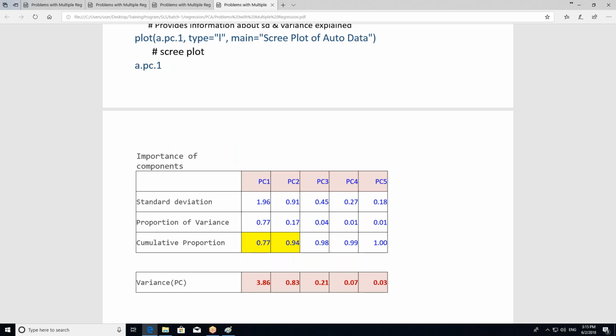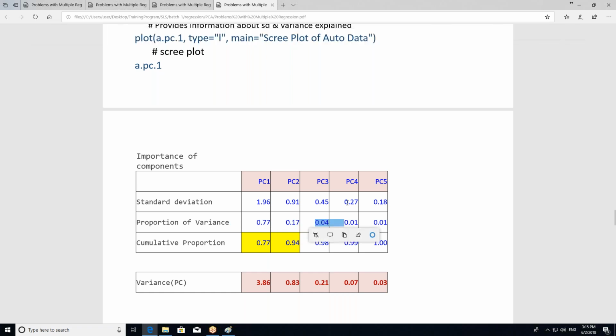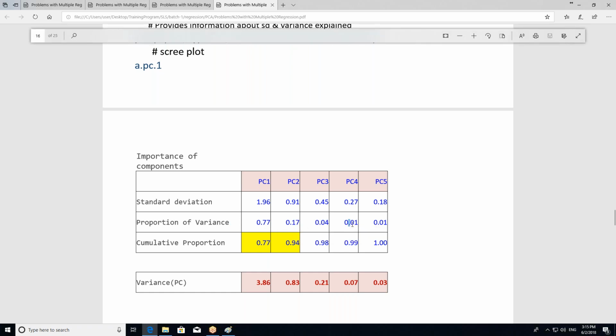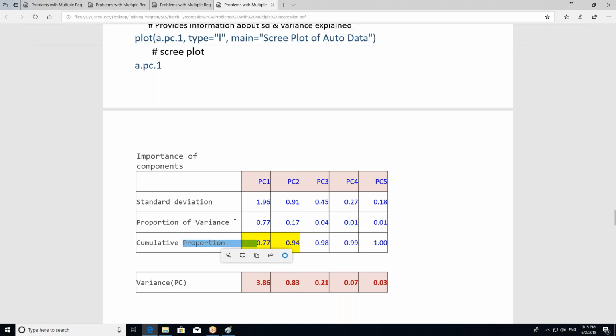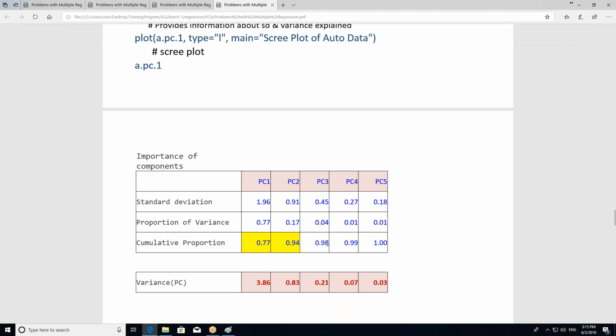You can see PC1 is explaining 77%, PC2 is explaining 17%, PC3 is 0.04, PC4 is 0.01, and cumulatively, if I take PC1 and PC2, almost 94% of variation is explained. If I take PC3, almost 98% of variation is explained by PC1, PC2, PC3. I don't need PC4 and PC5 to build the model.